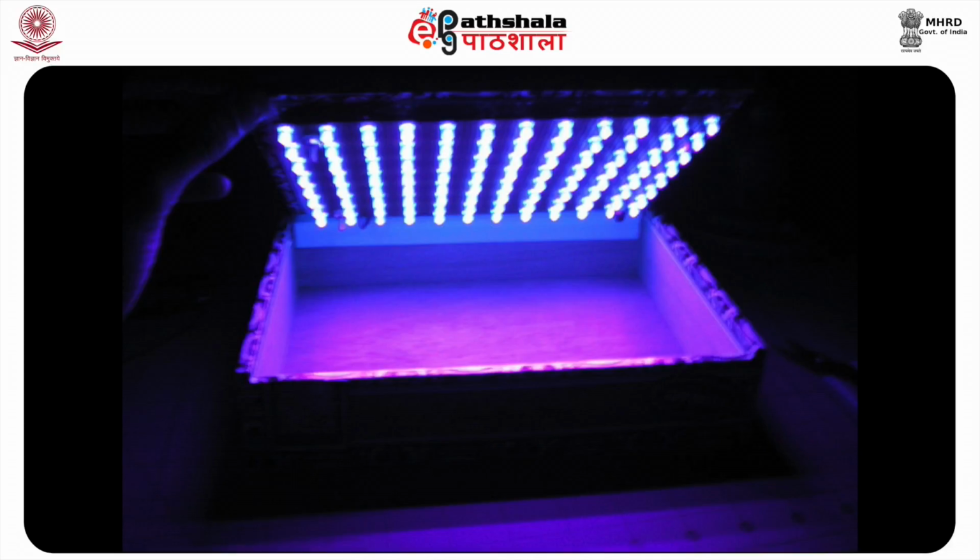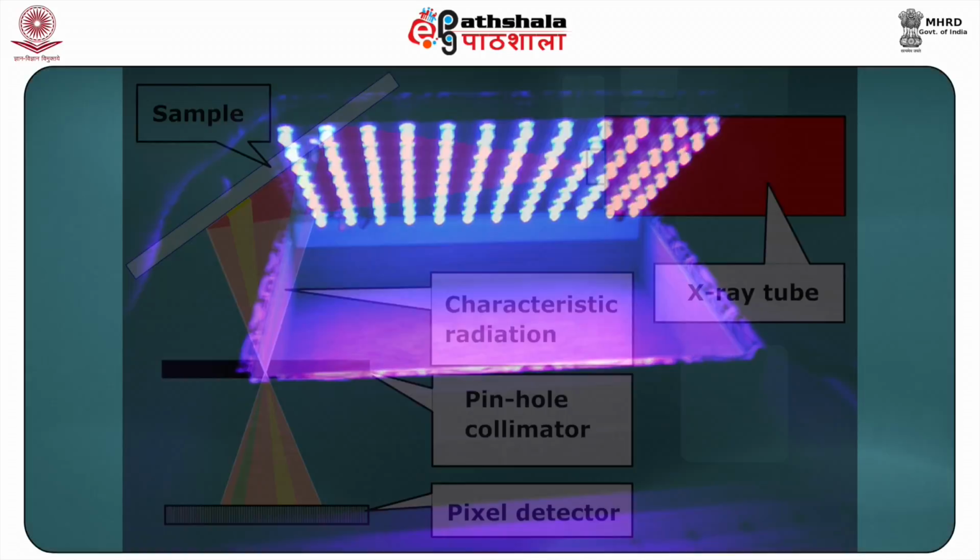The essential difference between UV fluorescence and X-ray fluorescence is that in UV fluorescence, the incident UV of lower wavelength exhibits fluorescence in the visible spectrum, which can be clearly seen.